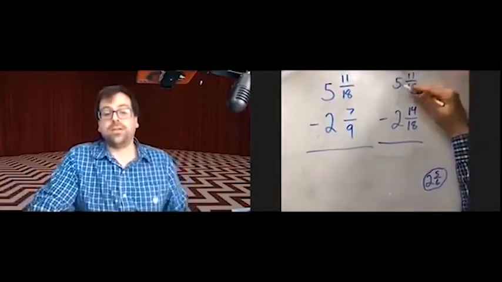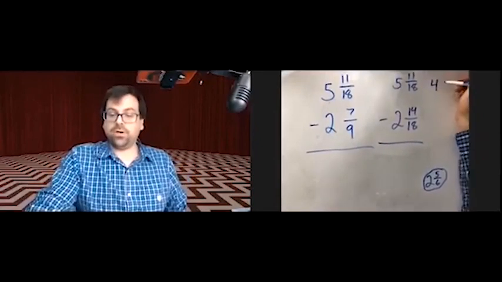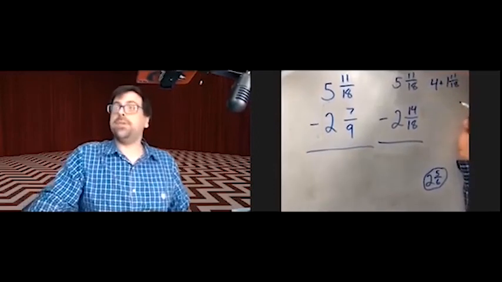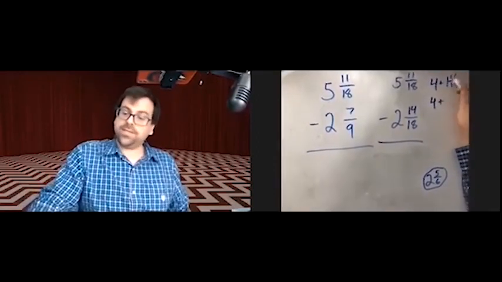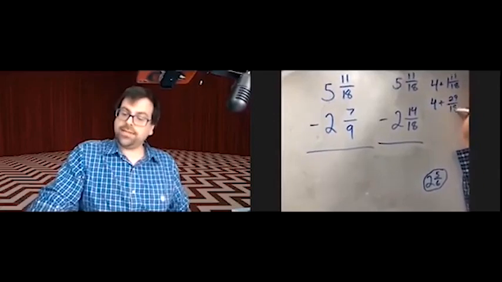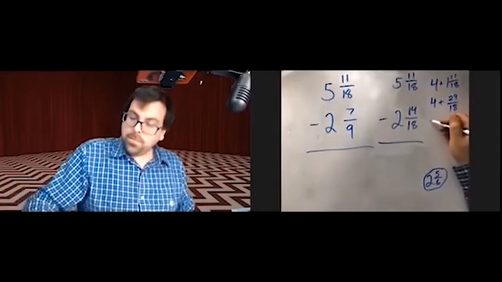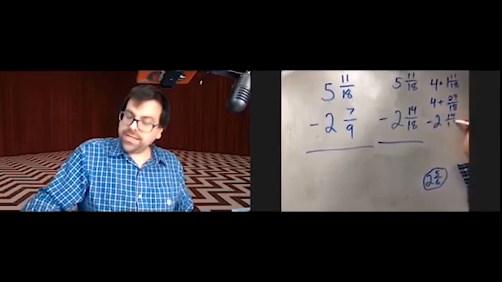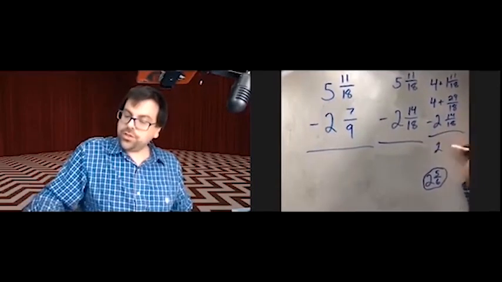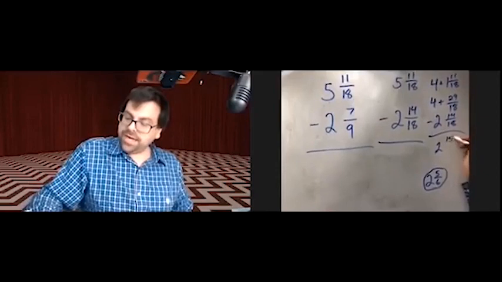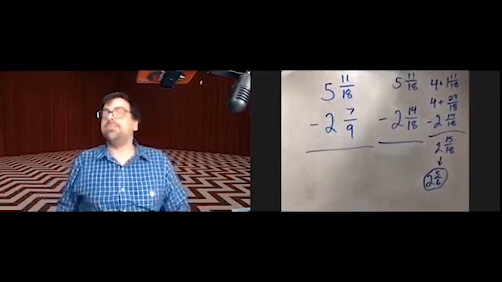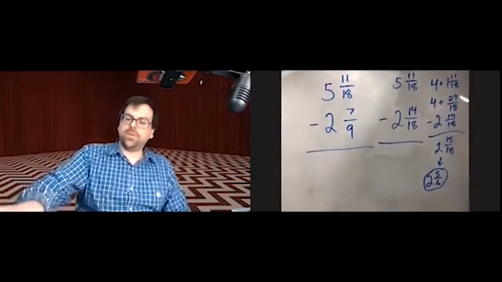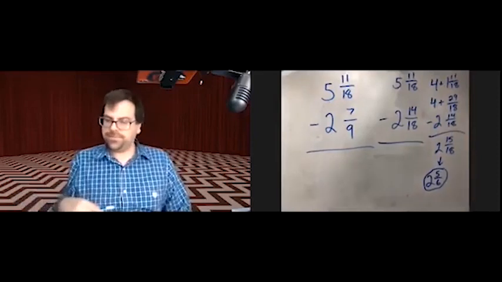If we go and do the borrowing, this would become 4 plus 1 and 11/18, which would be 4 plus 29/18, minus 2 and 14/18, gives us 2 and 15/18, which reduces to 2 and 5/6. Again, whole number plus fraction is the same as a mixed number.